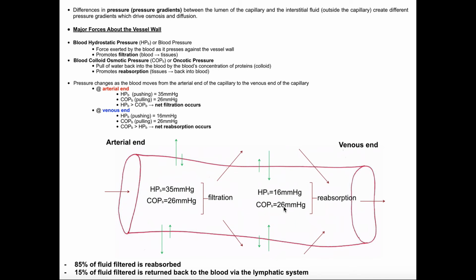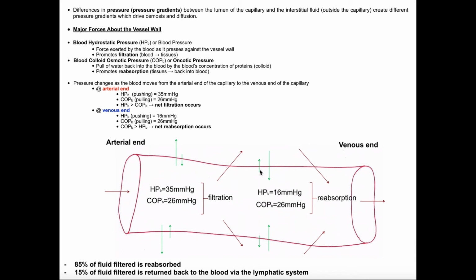Again, our colloid osmotic pressure of 26 millimeters of mercury, that's this larger arrow right here. And it's, of course, going to tend to force fluid in a direction from the interstitial area into the capillary. Now, if we look at the hydrostatic pressure, relatively speaking, it's a smaller number, 16. So it's a smaller arrow.